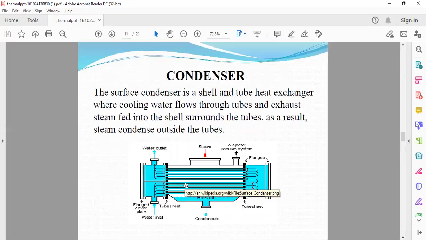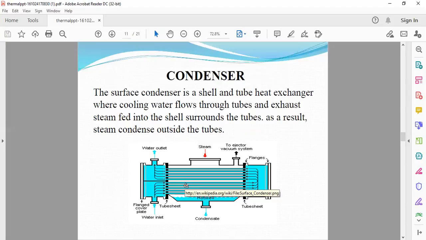Next, the steam goes to the turbine. It touches the blades of the turbine, where the blades rotate, and after touching them it comes out of the turbine. The steam coming out of the turbine is given to the condenser. So what does the condenser do?